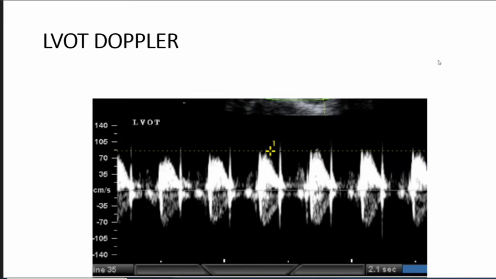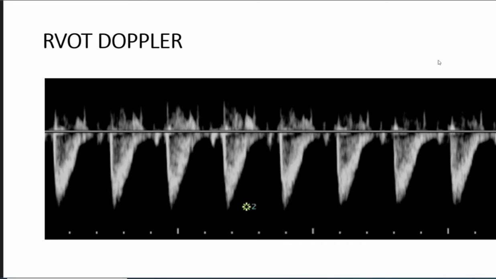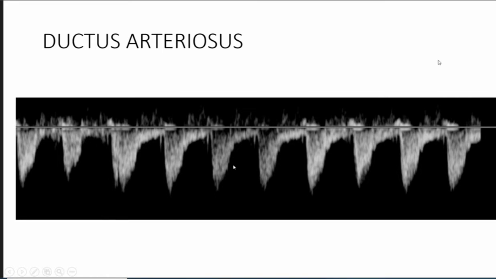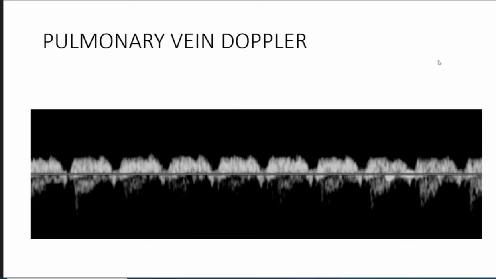The aortic and pulmonary artery Dopplers have a single peak as shown here. The ductus arteriosus has a single peak and it has a very high velocity. The ductus arteriosus is the cardiac structure which has the highest velocity in the fetal circulation.